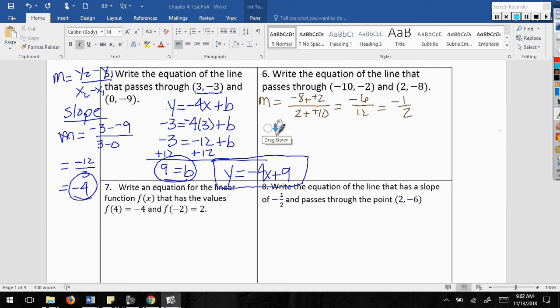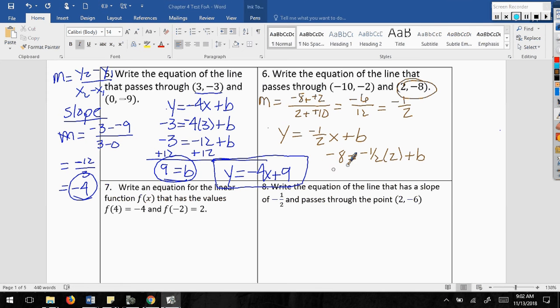Okay, back into my equation. Y equals, I know what m is now. M is -1/2 x plus b. So pick one of your points. I'm probably going to pick the second point, 2, -8. So -8 equals -1/2 times 2 plus b.